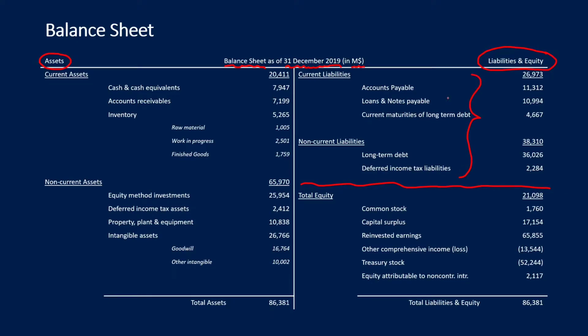And liabilities means lended money. Lended money says that it has to be paid back one day. And equity, that is also called shareholders' equity, which means that this is the money that was raised by the shareholders, by the owners. So it is shareholders' funds.